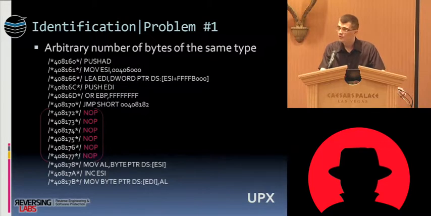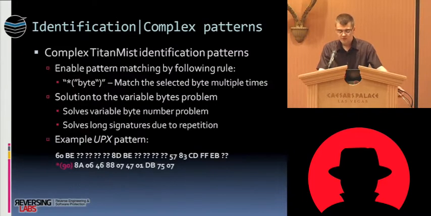In order not to have too many signatures for just UPX, we added a wildcard to our pattern matching, which looks like this. Our complex pattern matching would look like star, then our pattern, and then in the parentheses you will have the byte which repeats an indefinite amount of times.